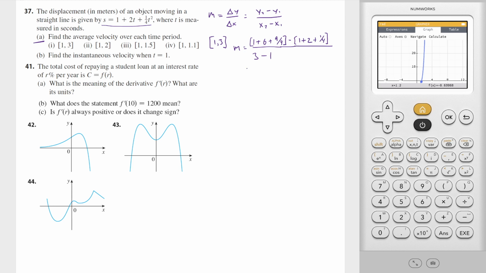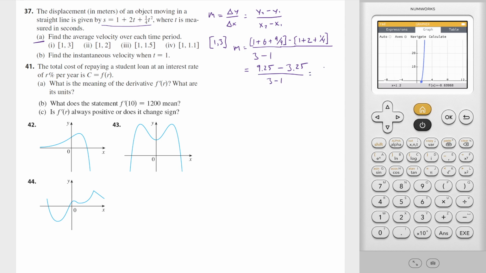And now I just have to do a bit of fractional arithmetic here. Well, 9/4 is going to be, what, 2 1/4? And so 1 plus 6, 7 plus 2 1/4 is going to be 9.25. And then 1 plus 2 is 3, plus 1/4 is 3.25. And divide that by 3 minus 1.